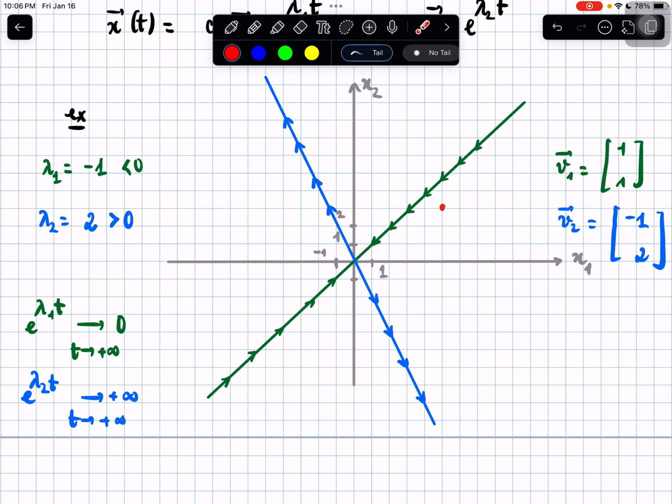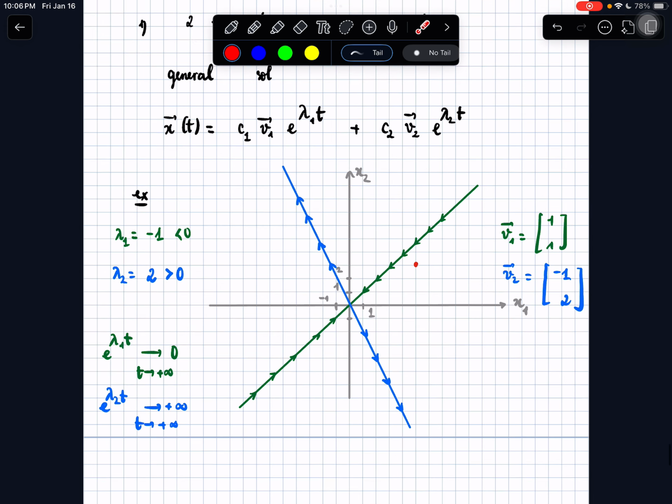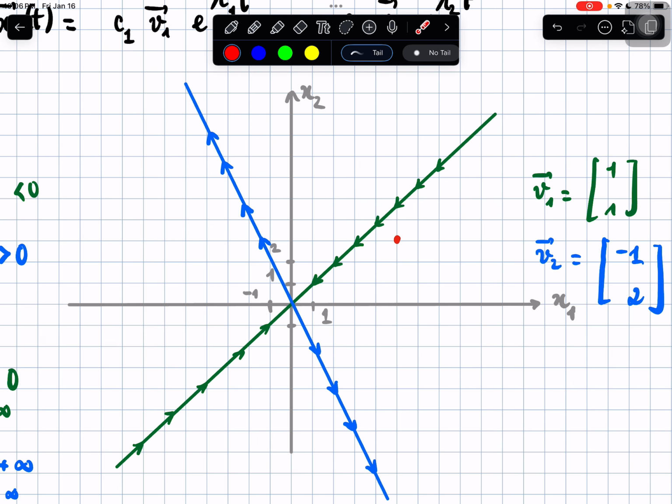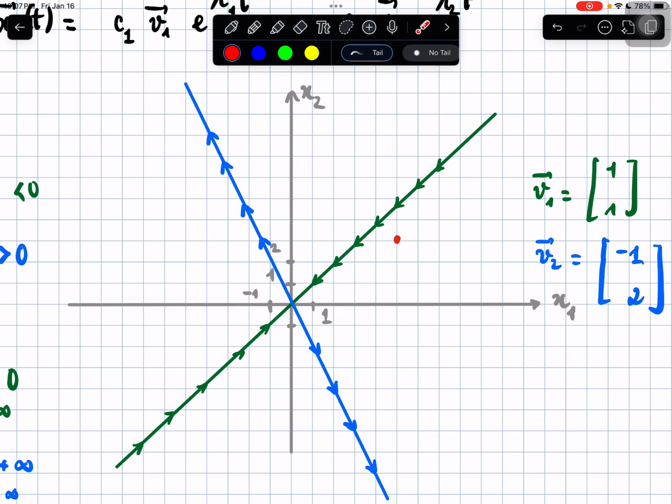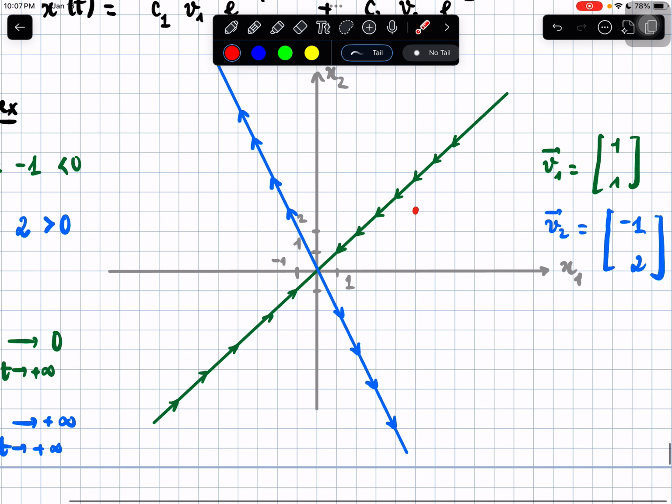Here's how we can see the time t. When t goes to infinity, it goes to the future, it goes into the origin along the green line. For a point in this corner, starting here and following this, t still goes to infinity.